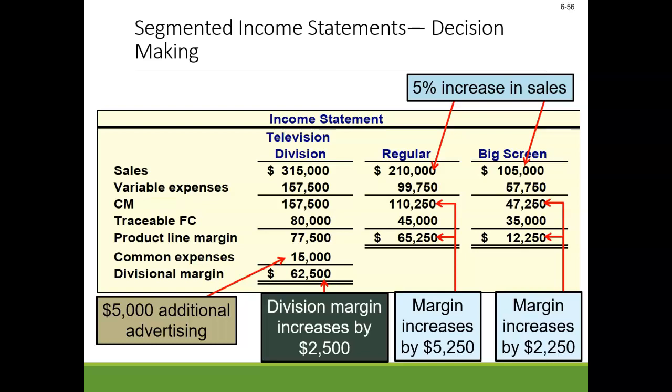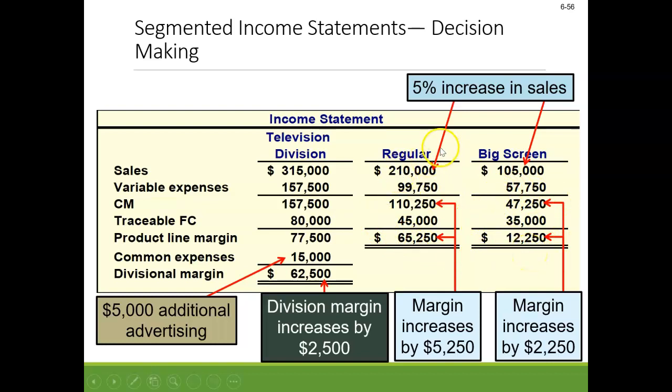And then by upping the income as a whole by 50,000, it then increases for the regular television. The margin went up $5,250, but the big screen only increased it by $2,250.